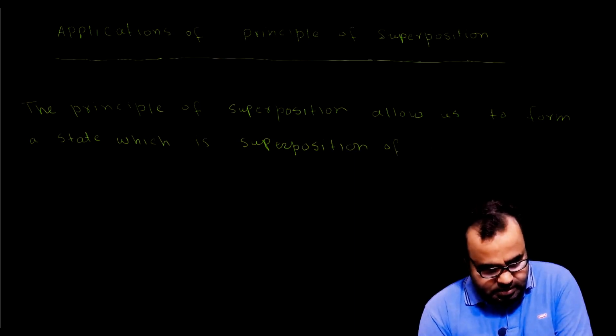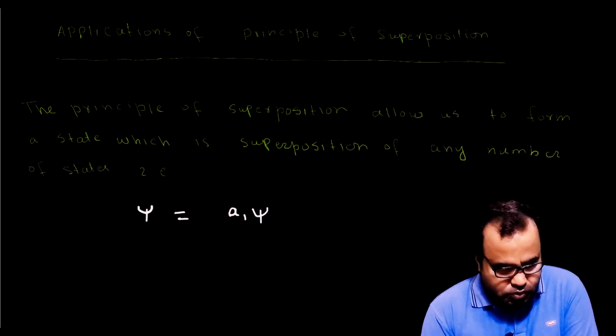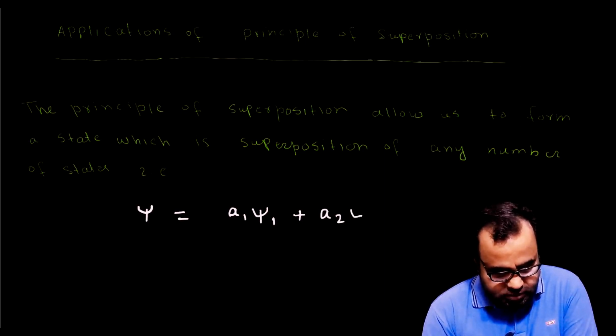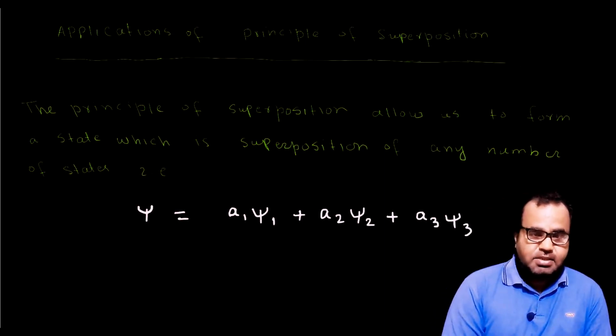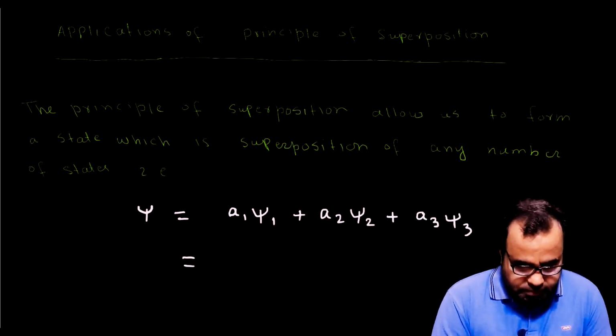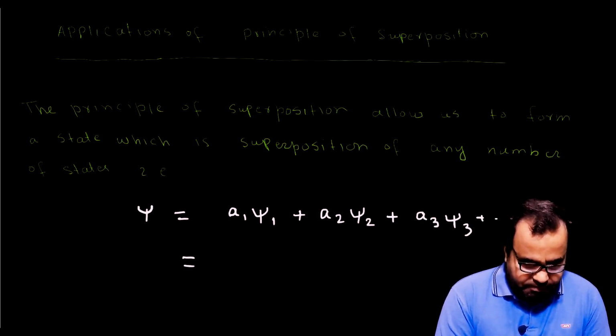That is, psi is equal to a1 psi 1 plus a2 psi 2 plus a3 psi 3 and so on, and this can be written in summation form.